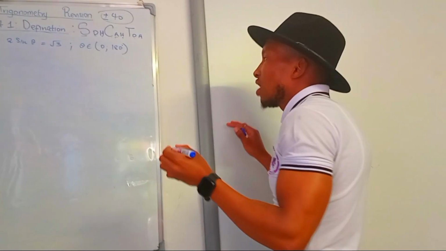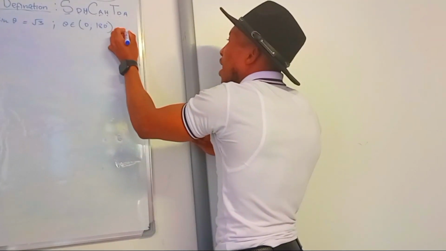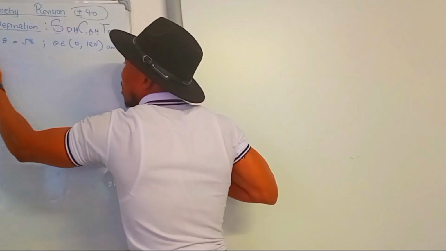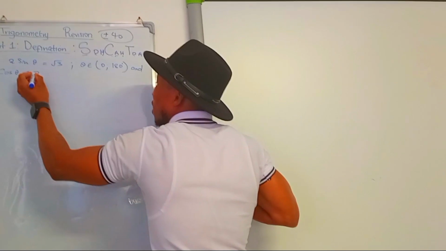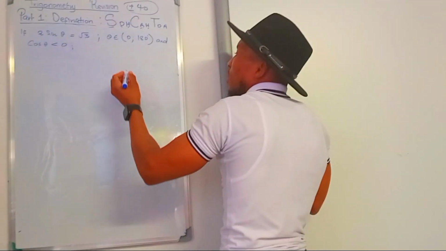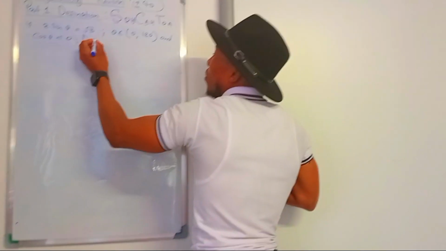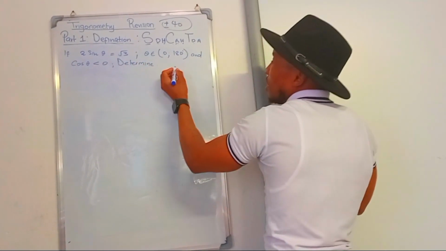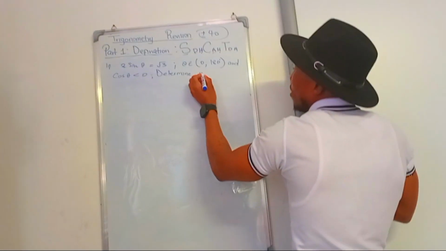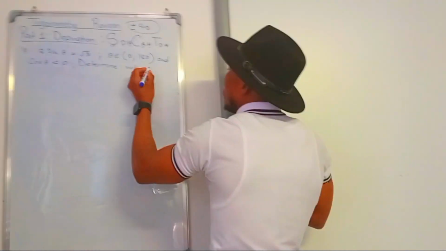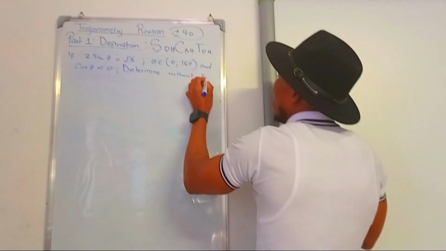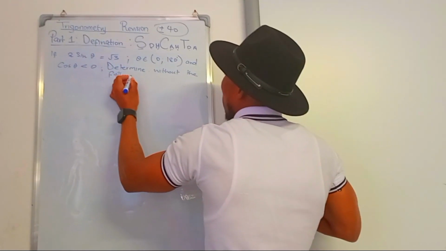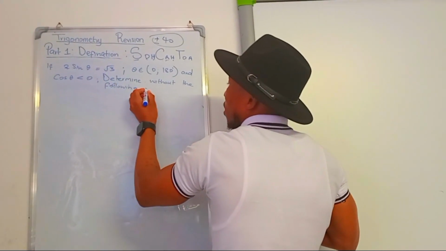Then they're going to say, and where cos theta is less than 0. Then I'm going to say, determine without using a calculator the following trig ratios.